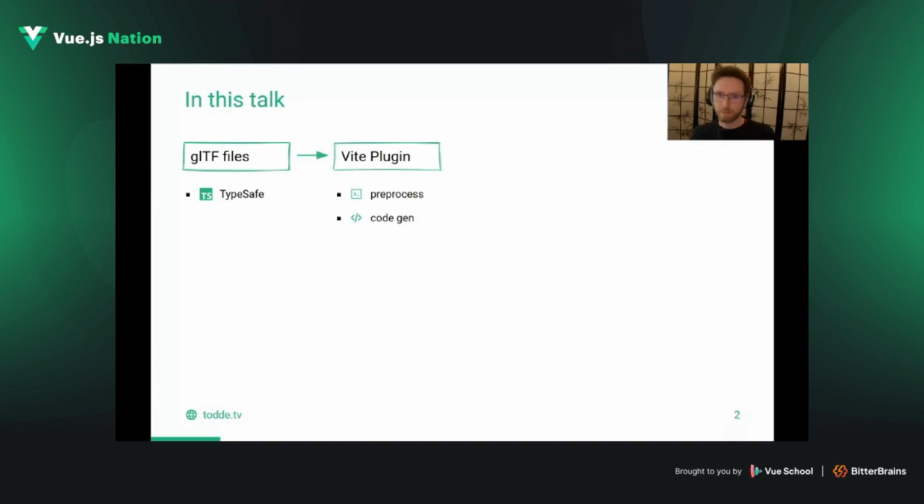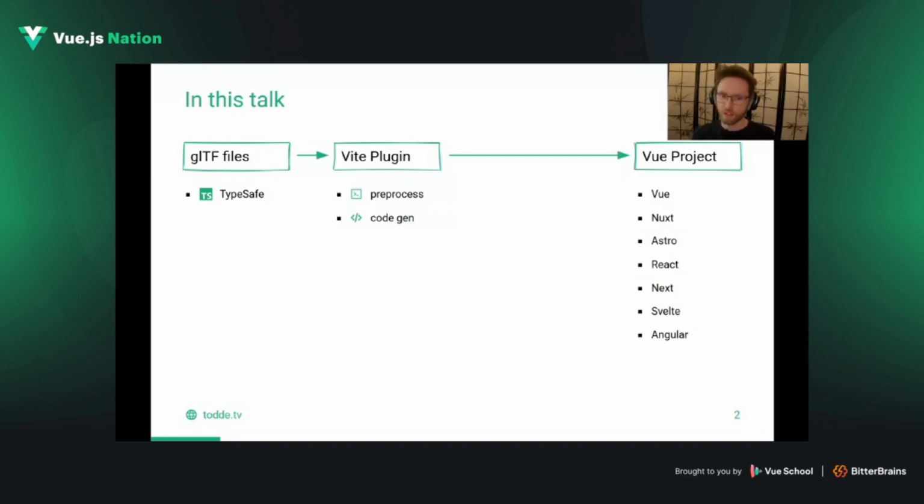Then we want to build a Vite plugin on top of it with pre-processing. We want to generate some code that we can then use in our Vue project at the end. And like already said, it would be very cool if it's a plugin not only for Vue, but also for maybe other frameworks that are out, for example, Next or all the others that there are. And in order to do that, we want to bring unplugin into play.